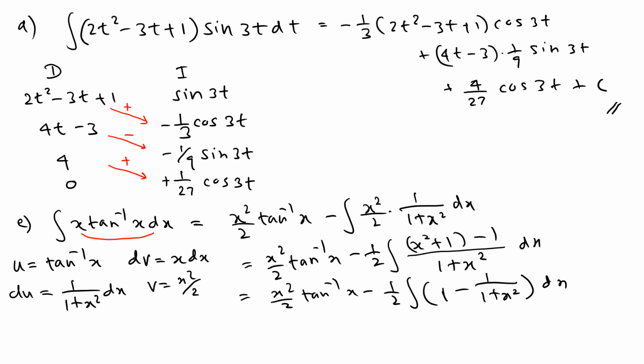From the second one you get positive 1/2 tan inverse x. Combining that with the first term, you can write the final answer as 1/2 (x squared plus 1) tan inverse x minus 1/2 x plus c. So that's the answer for that. Okay, this is how you do some integration by parts problems.